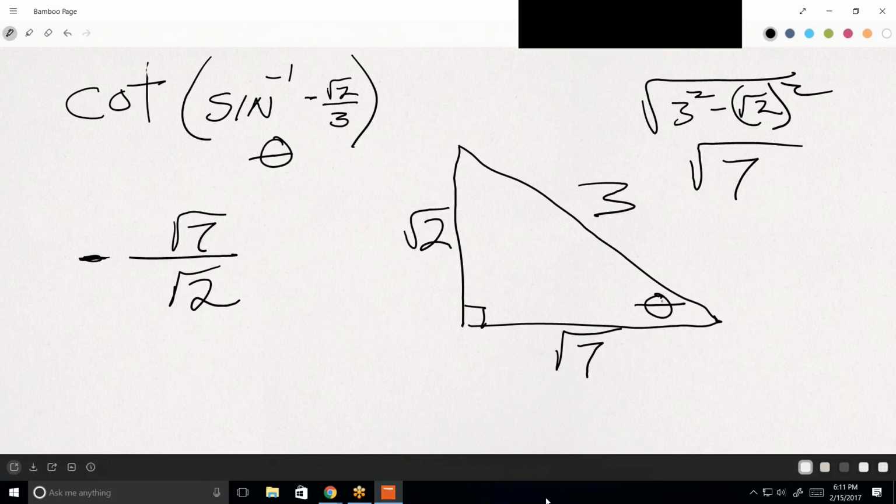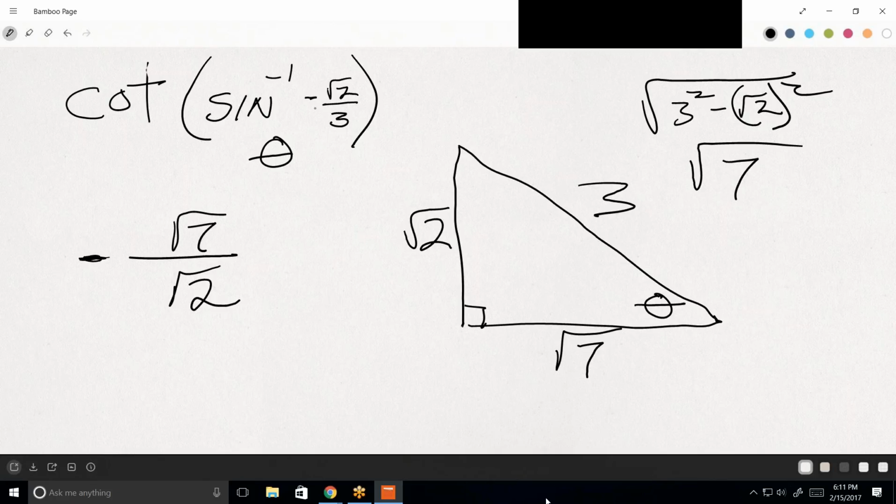So whatever theta is, if I make that the reference angle in the third quadrant, I'm going to get minus square root of 2 over 3. But it's very important here to know the principal quadrants that you get. I know this is fourth quadrant. I've only got two choices. If this was a positive number, it would be first quadrant.